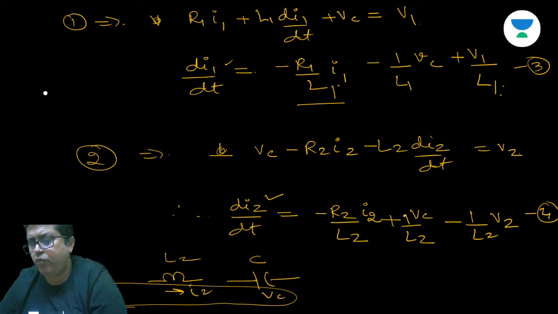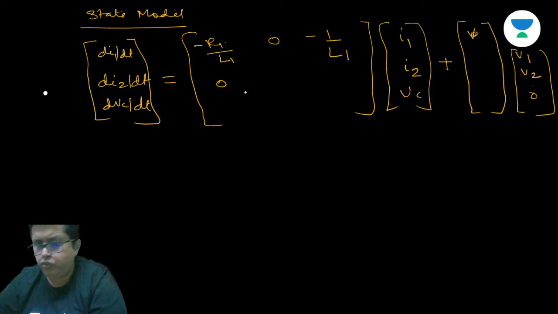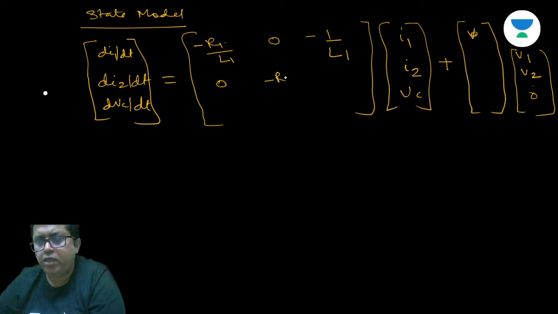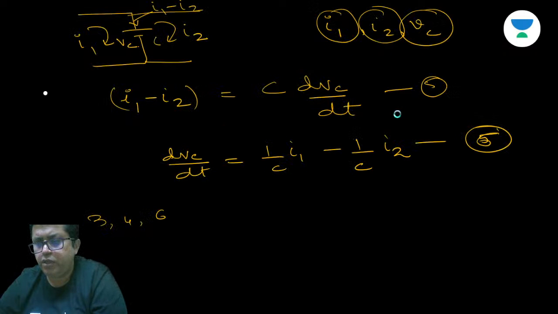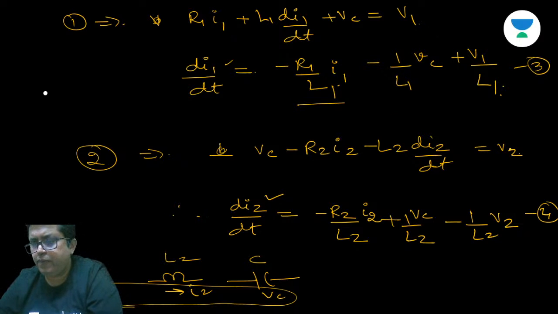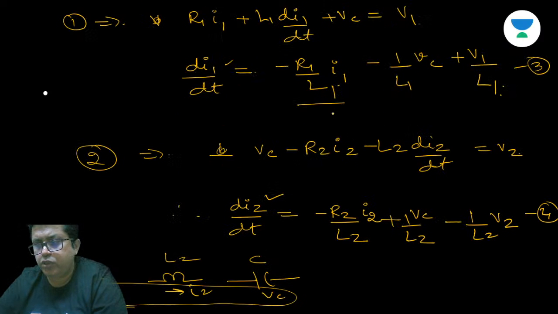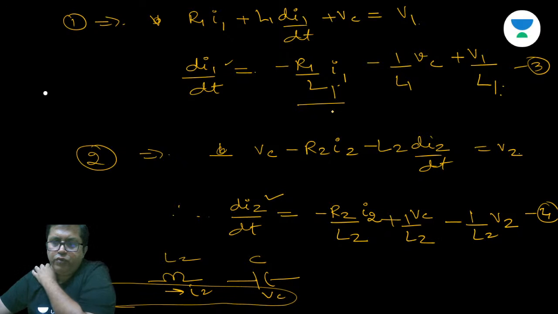There is no I1 term, so 0. What about the I2 term? Minus R2 by L2. What about the VC term? In equation 4 there is 1 by L2.